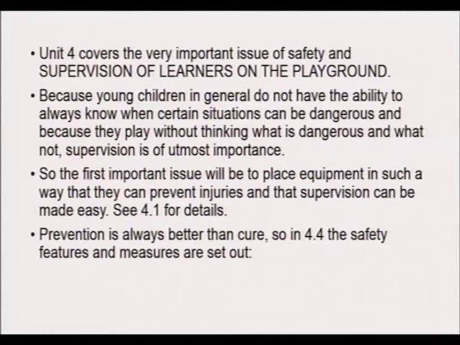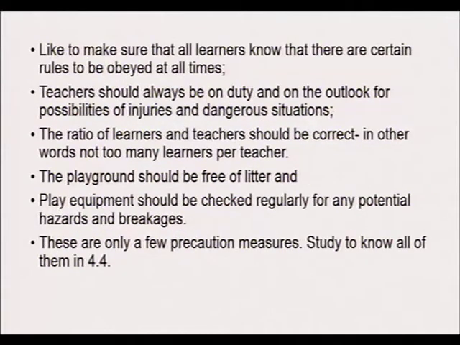Prevention is also always better than cure. So in 4.4, the safety features and measures are set out. Like, for instance, to make sure that all learners know that there are certain rules to be obeyed at all times. Teachers should also be on duty and on the lookout for possibilities of injuries and dangerous situations.